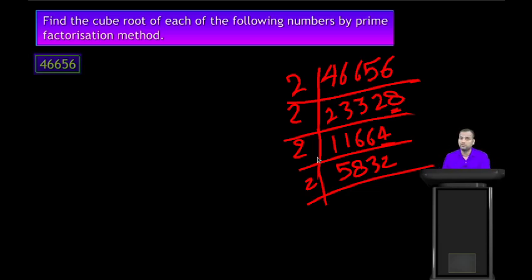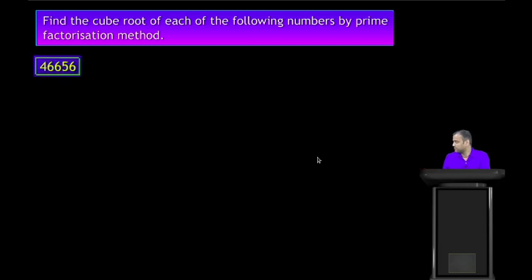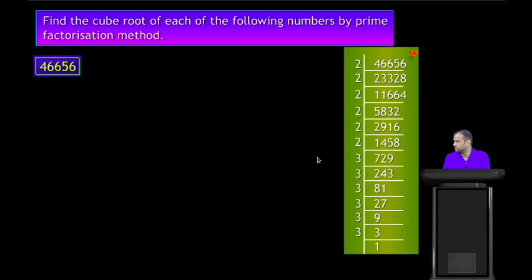So I think you got the prime factors. So this is the prime factor of this number. So we can get 2 2 2 2 2, then 3 3 3 3 3. Now check how many pairs of 3 we can make from each number.